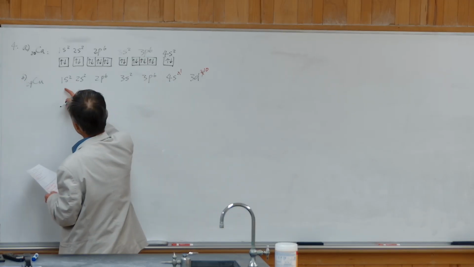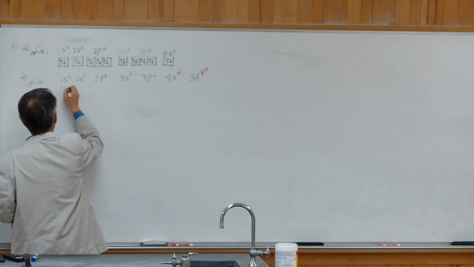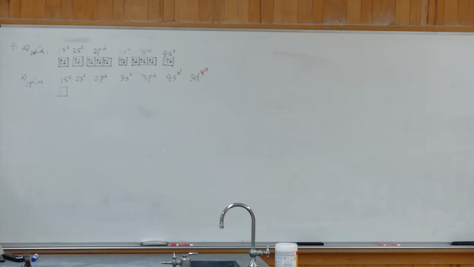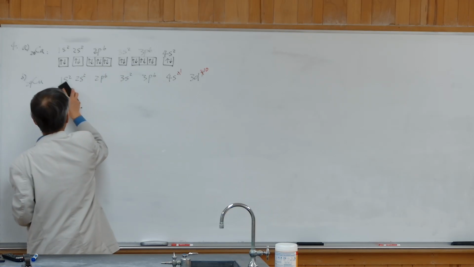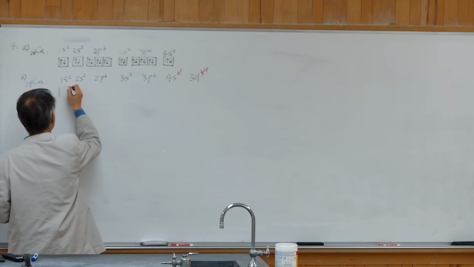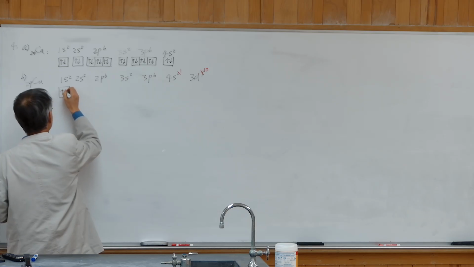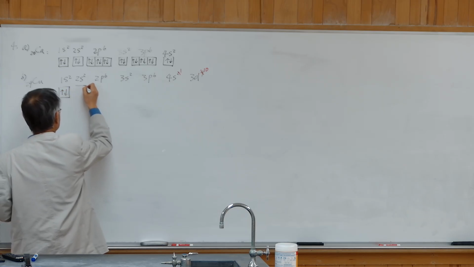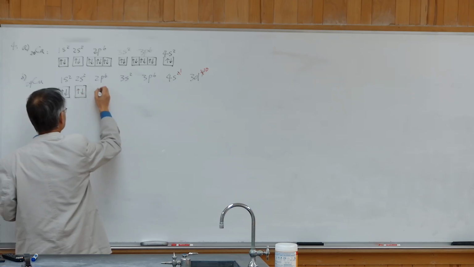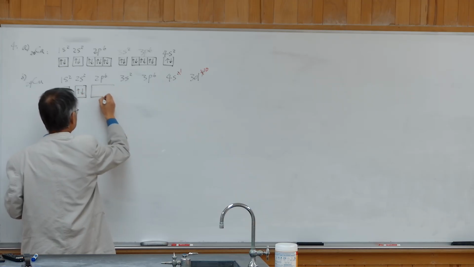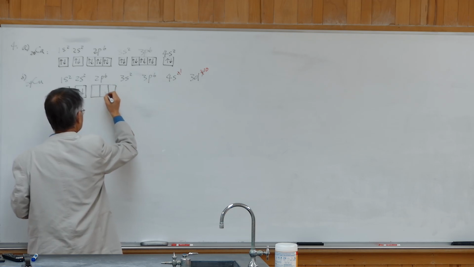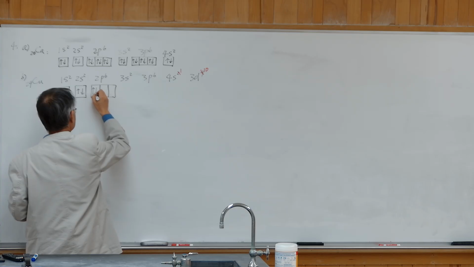Okay, so now we can draw the orbital diagram according to this electron configuration. So 1s is 1 orbital, we draw 1 box. Place 2 electrons in it. 2p has 3 orbitals, 3 boxes.